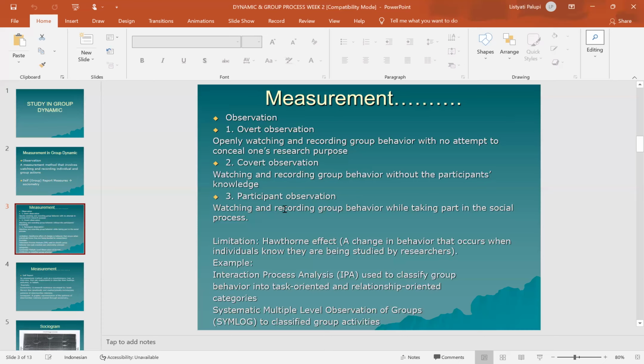This is one example of the Hawthorne effect.